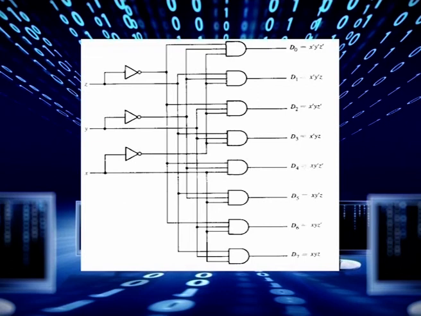The input variables may represent a binary number and the outputs will then represent the 8 digits in the octal number system. However, a 3 to 8 line decoder can be used for decoding any 3-bit code to provide 8 outputs, one for each element of the code.